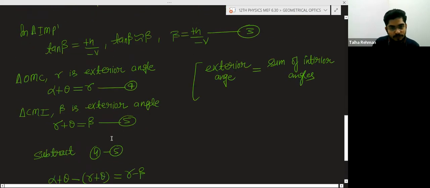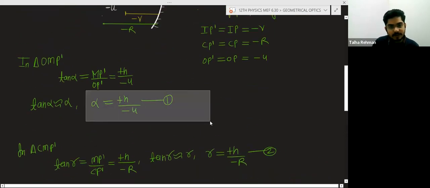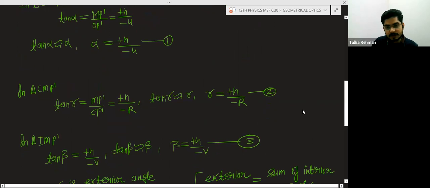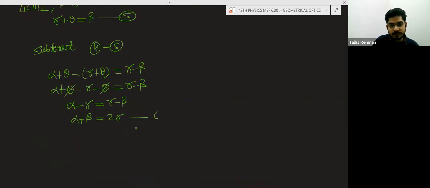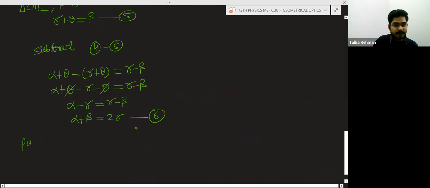Now what are the values of alpha, beta and gamma? This is alpha and this is gamma. Where is gamma? This is gamma and this is beta. So put the values in this equation. Suppose this is equation number 6. Put alpha, beta and gamma.